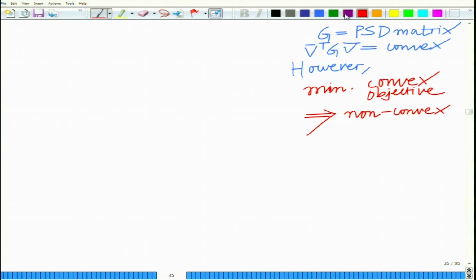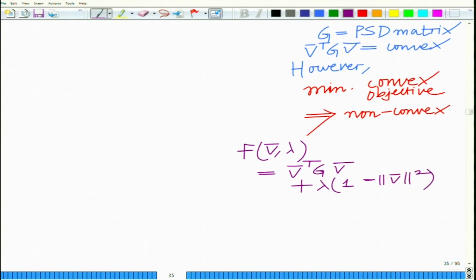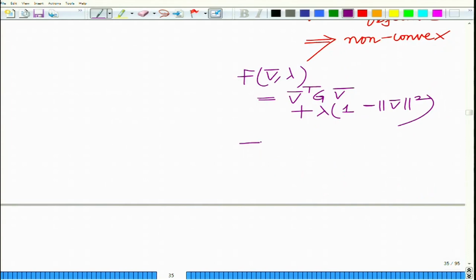And therefore, now what we will do is we will form the Lagrangian, the same thing that we have done before, that is f of V bar comma lambda. Remember, you have the objective V bar transpose G V bar plus lambda times 1 minus norm V bar square, that is objective plus Lagrange multiplier times constraint. This is equal to V bar transpose G V bar plus lambda times 1 minus V bar transpose V bar.